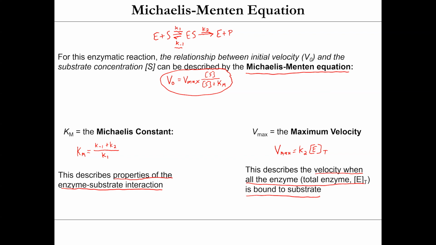So this is the Michaelis-Menten equation, and it's a very useful equation for understanding the relationship between a reaction rate and the substrate concentration, and it gives us these two additional variables. The Michaelis constant, which describes the enzyme-substrate interaction, and Vmax, which is the maximum velocity at which an enzyme can turn a substrate into product.